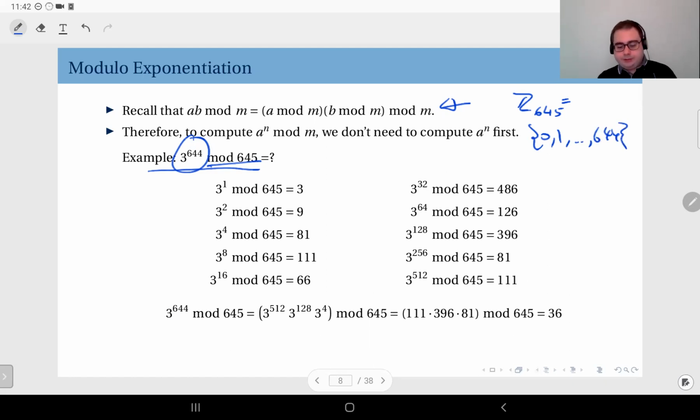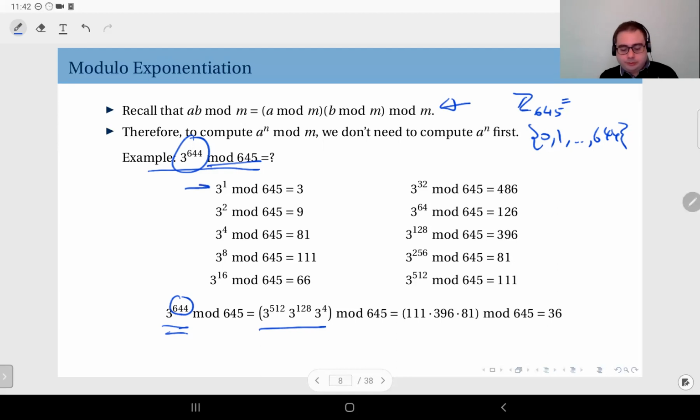Okay, and the idea here is to write the number 3 to power 644 as something like this: 3 to power 512 times 3 to power 128 times 3 to power 4. So you break down the exponent into powers of 2, which you can compute iteratively.